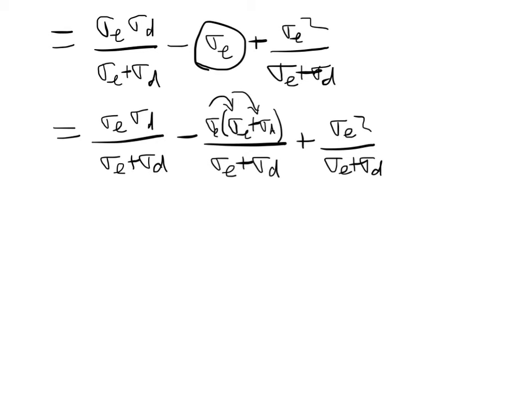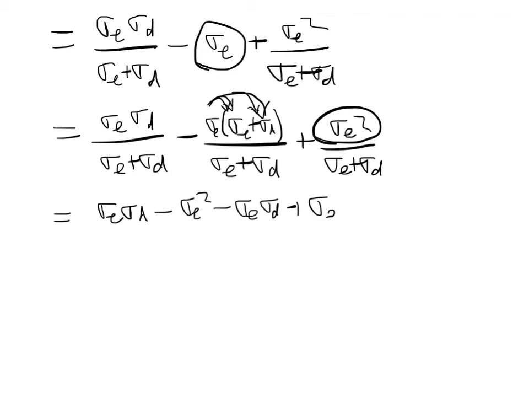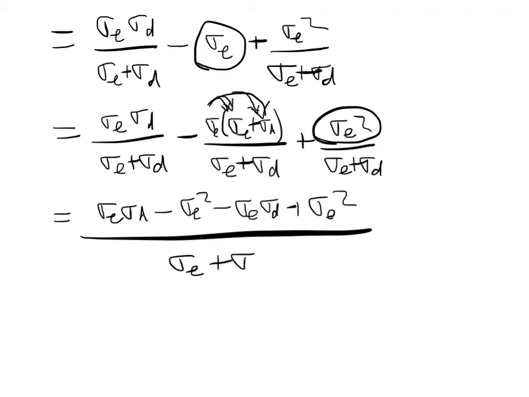We need to distribute that into each of these, and then we can group everything together into one numerator, so that what we have is sigma E times sigma D minus this first portion, sigma E squared, minus sigma E sigma D, which is what that is right there, and then finally plus this guy right here, sigma E squared, all over one denominator, sigma E plus sigma D. So what do we have?